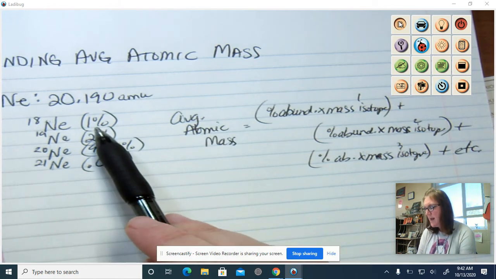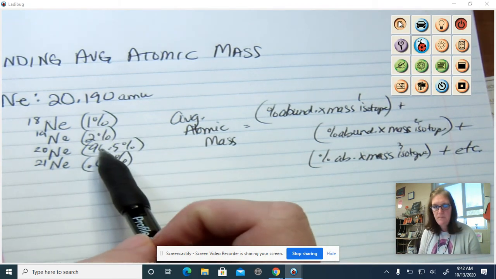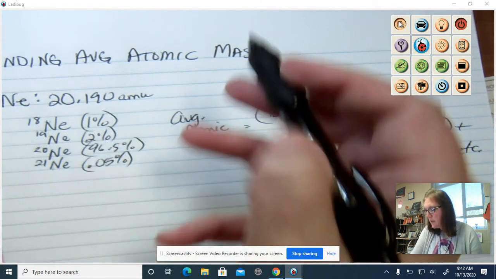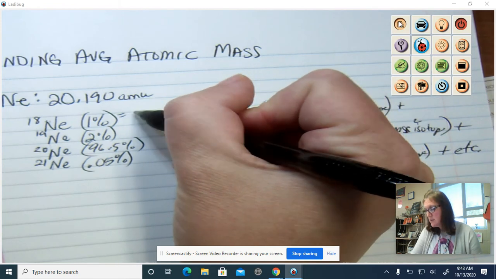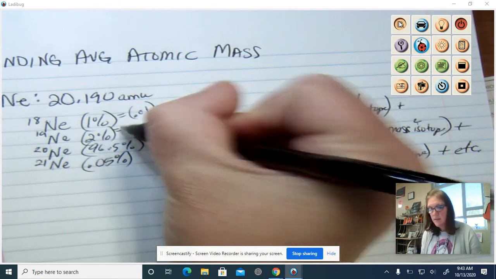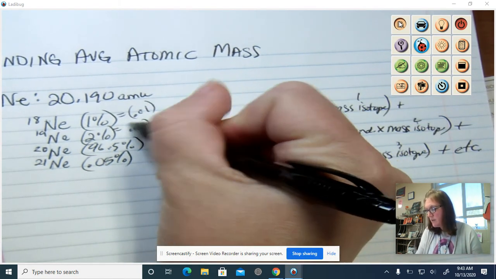Because I don't want to have to mess with dividing by any number, I'm just going to turn these percentages back into decimal numbers. So this 1%, I'm going to move the decimal place back to the left 2 places. So I'm going to let that be 0.01. This number, 2%, I'm going to let that be 0.02.